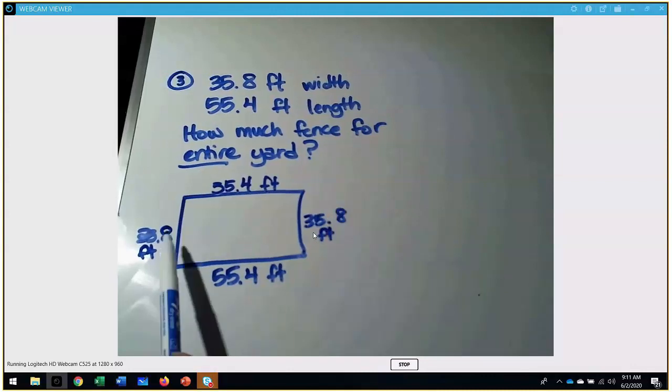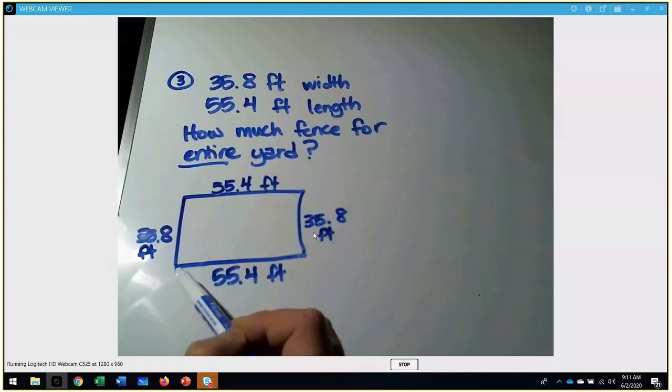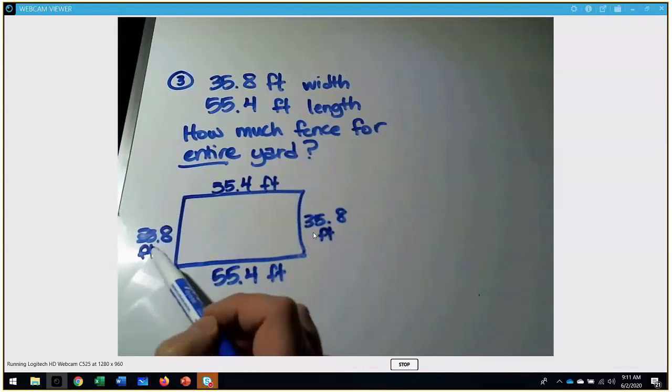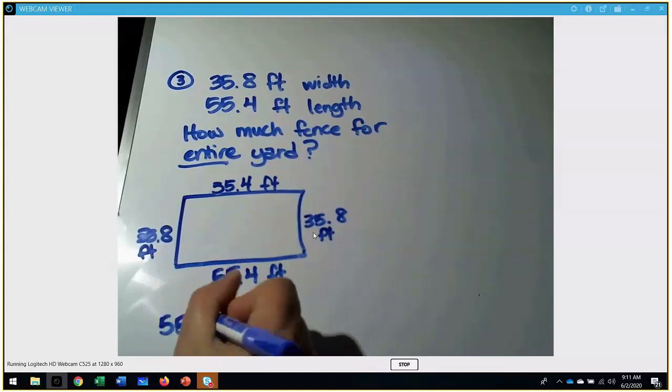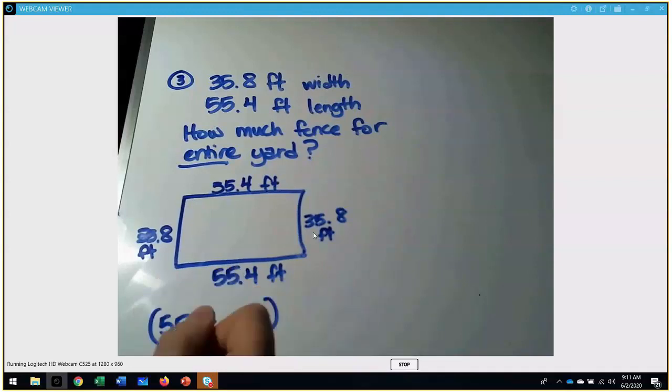In this case, since you're putting a fence around the outside of it, you're going to multiply each of these measurements by 2, and then add it up, because we're talking about perimeter in a problem like this.